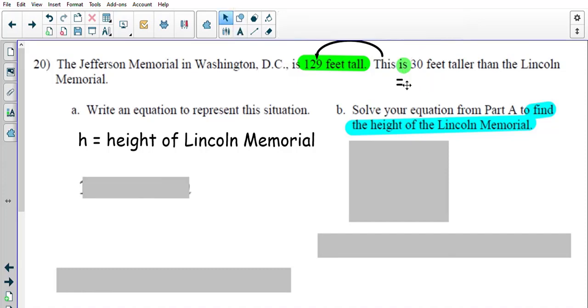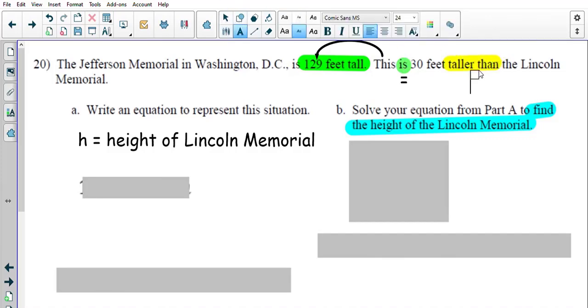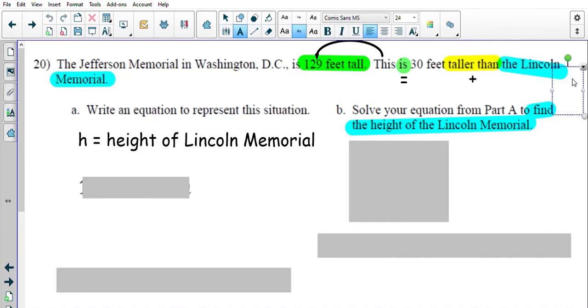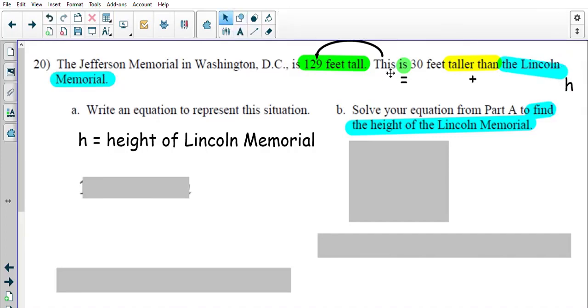In this case, when we see the word taller than, that's going to indicate addition to us. Now, yes, subtraction is an inverse operation, so we're going to use subtraction to solve this, but taller than means plus. So 30 plus, and then the height of the Lincoln Memorial, well, that represents our unknown, as we already stated. So this is going to be my variable h. So 129 is 30 plus h. 129 equals 30 plus h.